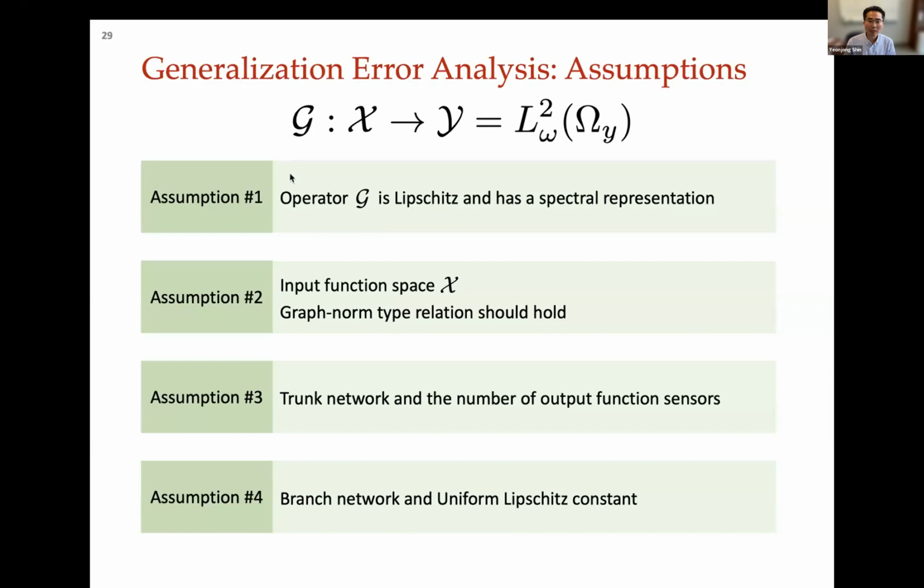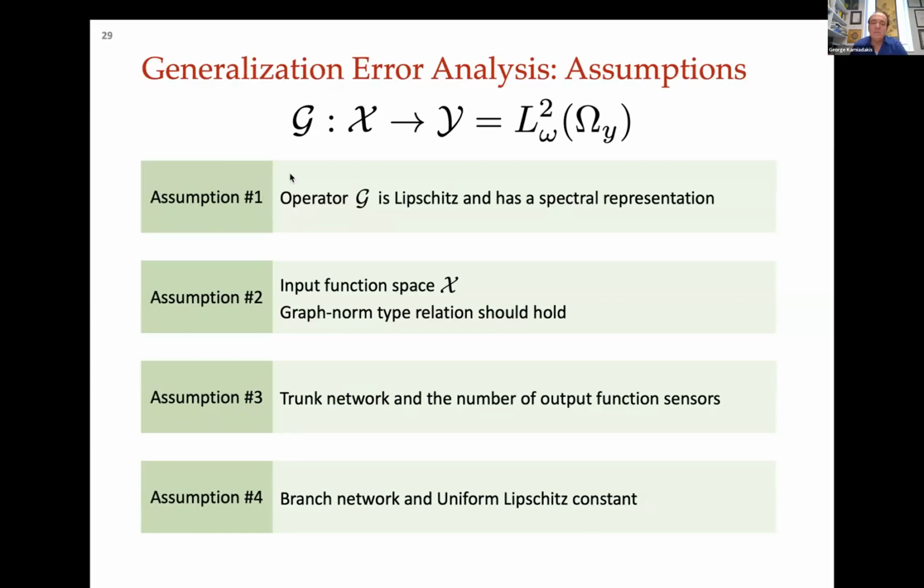Even in practical cases, whenever you apply the QR factorization, you may find some redundancy in your architecture in terms of the trunk network. Because by applying the QR factorization, you may check the rank. Then based on that, you may judge which might be more important in the sense of representing output functions.